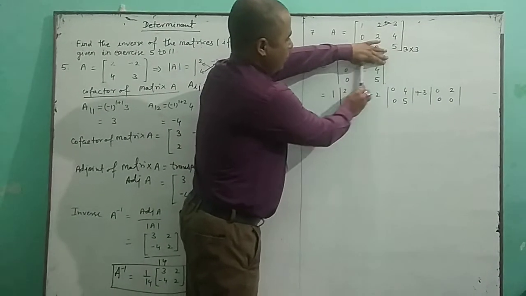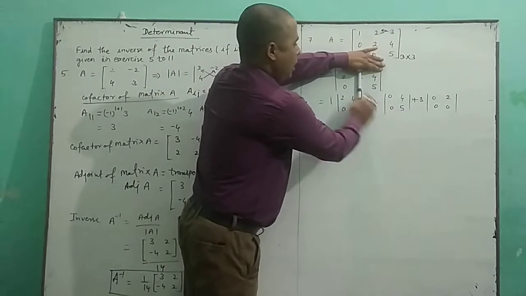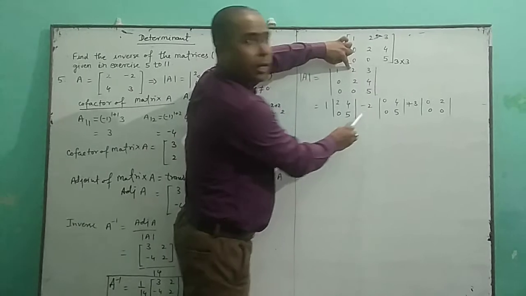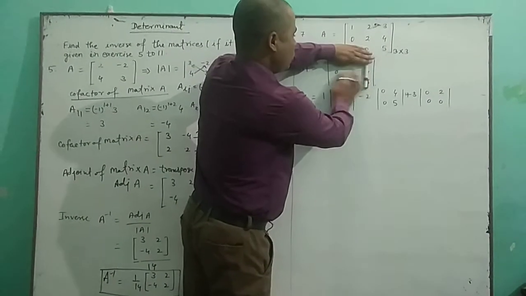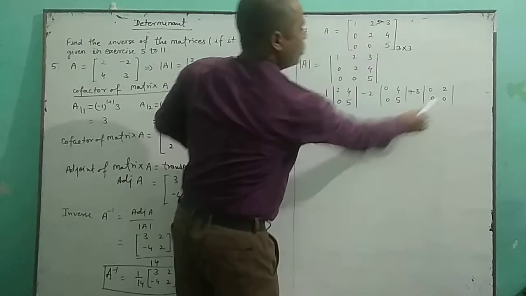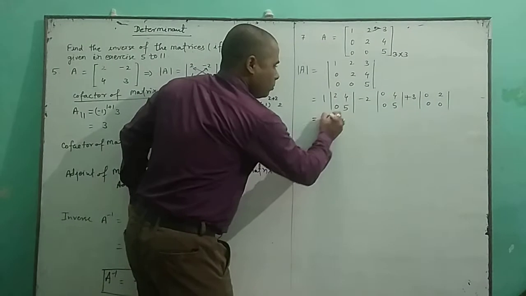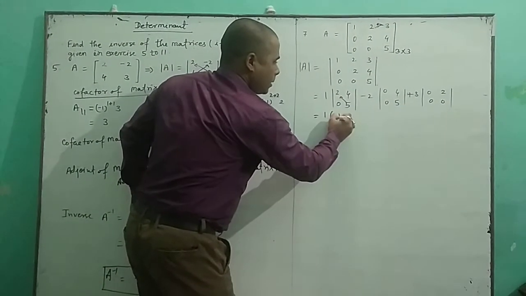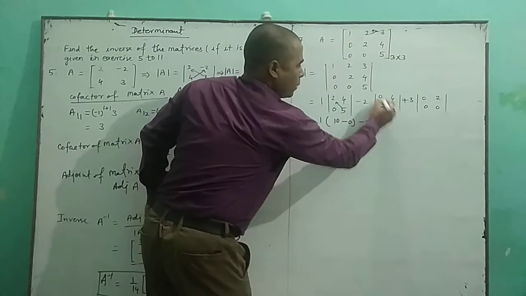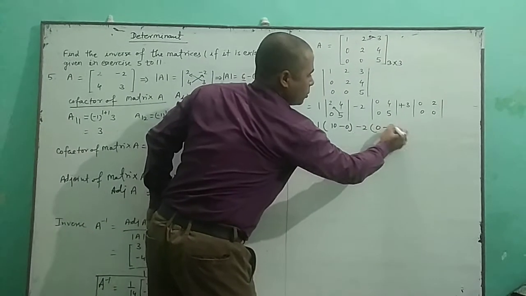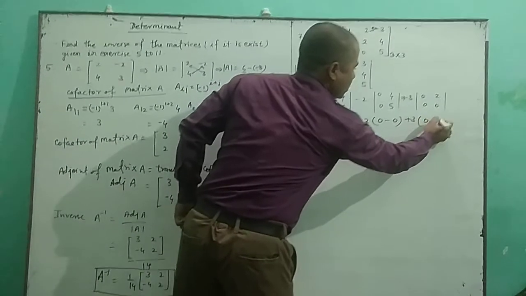Now first row second column is closed: 0, 4, 0, 5, and the common element is 2, so we write 2 here. And for the common element 3, plus 3, we close this one: 0, 2, 0, 0. This is done and we can solve: 1 into (10 minus 0), minus 2 into (0 minus 0), plus 3 into (0 minus 0 into 2).